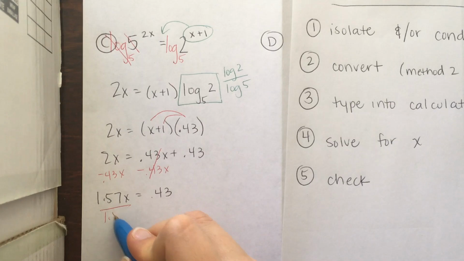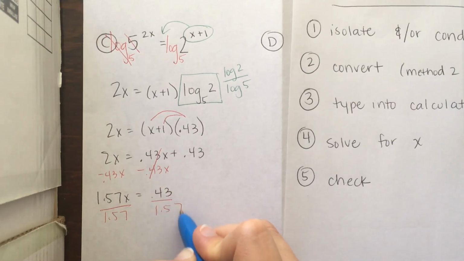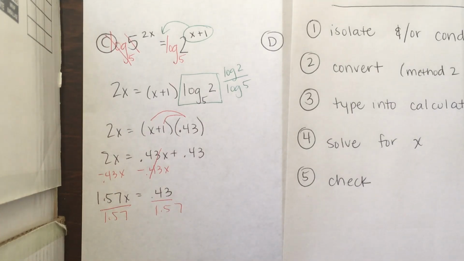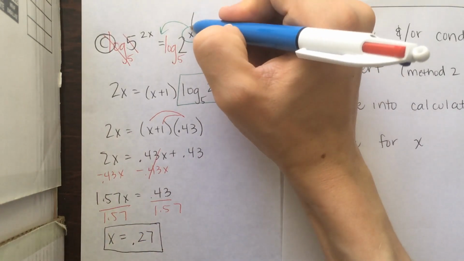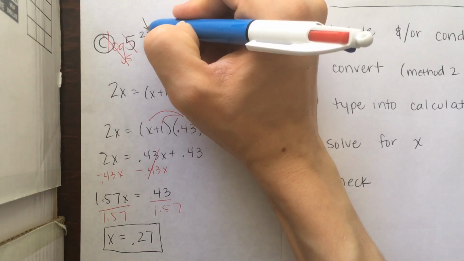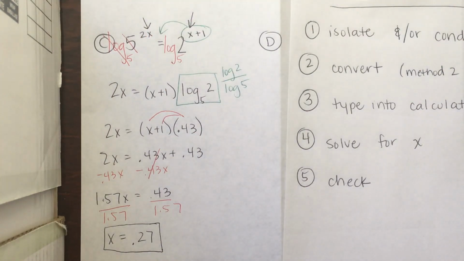And divide. You can double check your answer, plug that 0.27 back into both exponents.